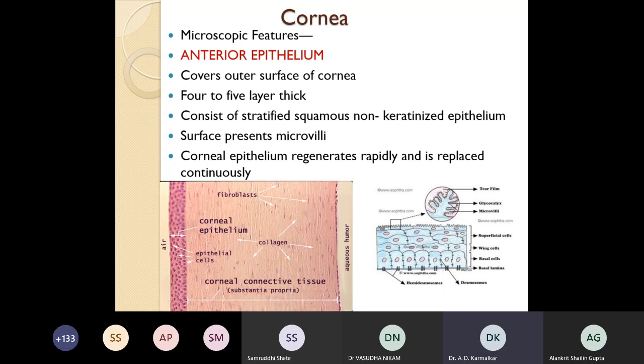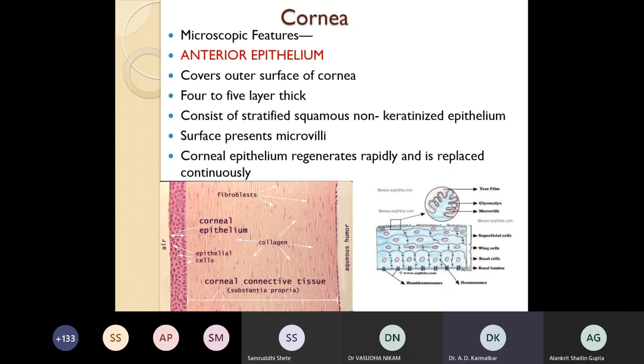As we know, in stratified squamous non-keratinized epithelium the basal layer is a single layer of columnar cells resting on the basement membrane. Above that, there are polygonal cells, 3 to 4 layers. And the top layer is squamous epithelium. So it is made up of stratified squamous non-keratinized epithelium.